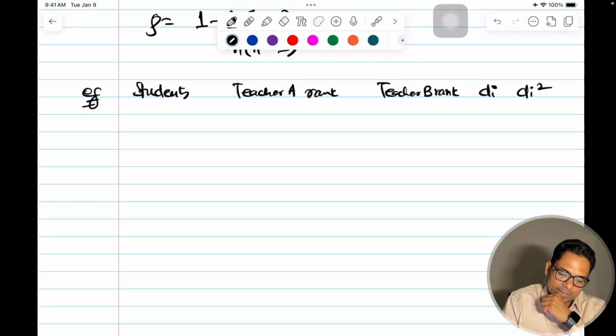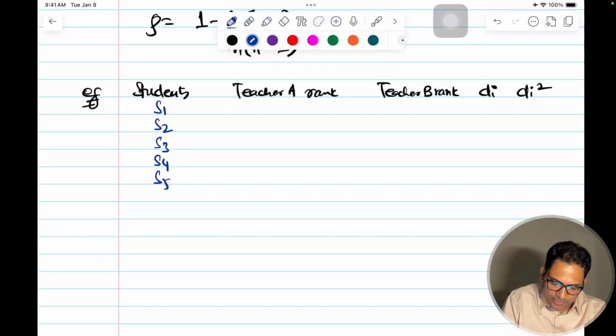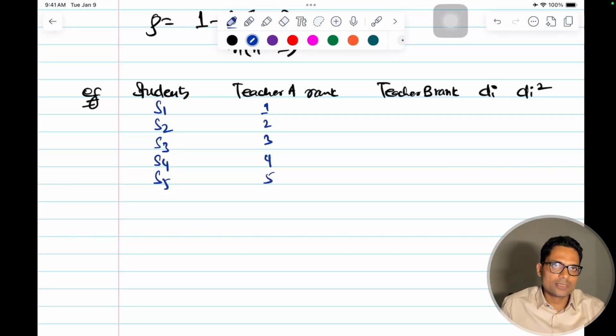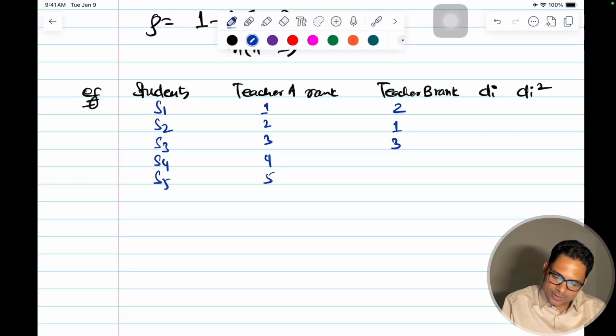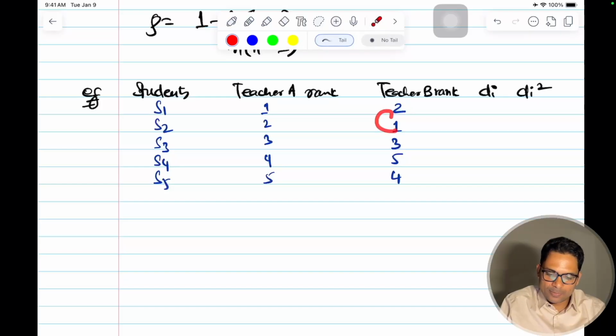So student 1, student 2, student 3, student 4, student 5. 5 students are there, and the first teacher ranked them as 1, 2, 3, 4, 5. This is the order they ranked them. And now the second teacher has ranked them like this: 2 and 1, 3 is 3, and 5 and 4, they have changed. This is 5 and this is 4. This is what the other teacher ranked. So the first pair is swapped and the last pair is swapped.